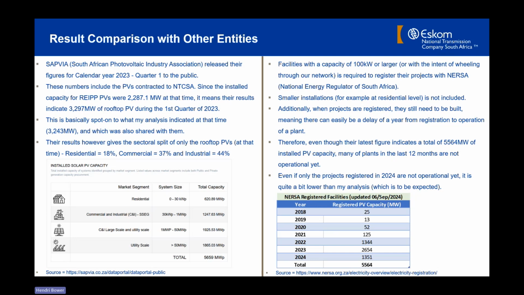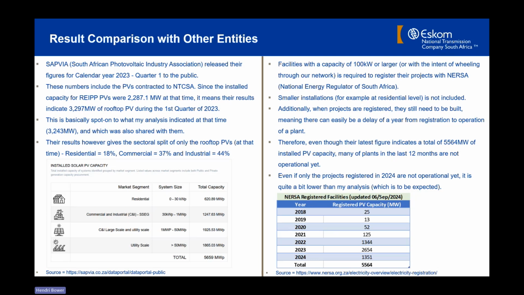And the latest total that I got yesterday, but I see they updated the 6th of September, was sitting at 5,564 megawatts. But even in looking at that, there's a delay for when those plants will actually operate on the system. And it's my view that it can be anything up to 12 months, even longer.